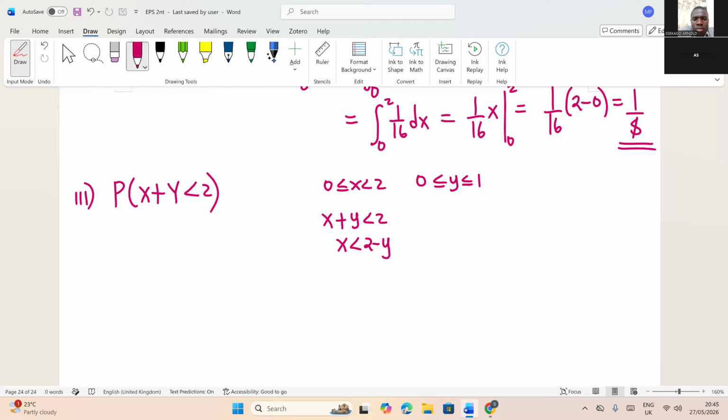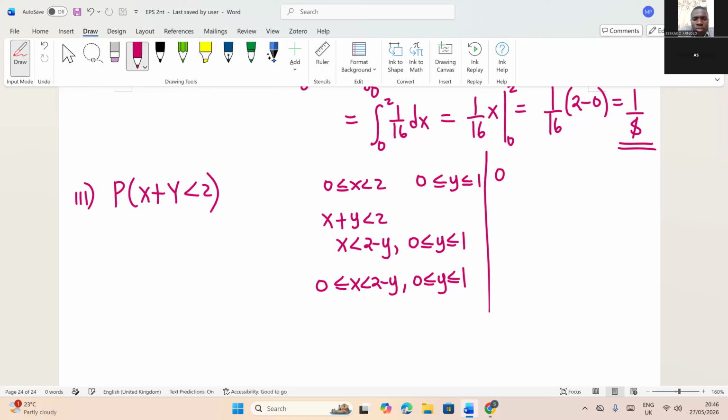Now you see, after making x the subject, this x is fixed. So I'll have 0 less or equal to x less than 2 minus y, and also 0 less or equal to y less or equal to 1.